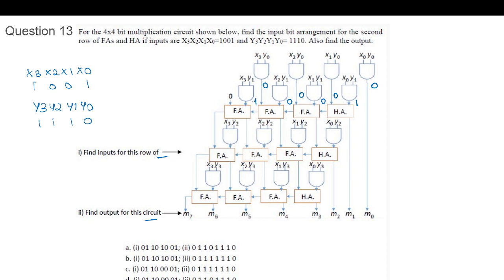So, is this clear? So we'll have 0, 1 for the first row, 0, 0, then 0, 0, then 0, 1, and this 0 will be at m0.